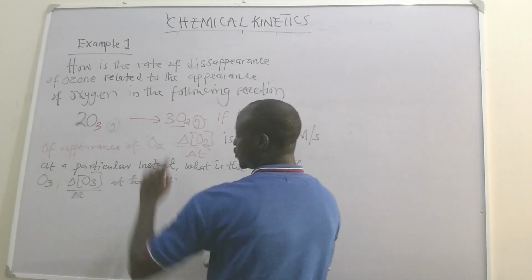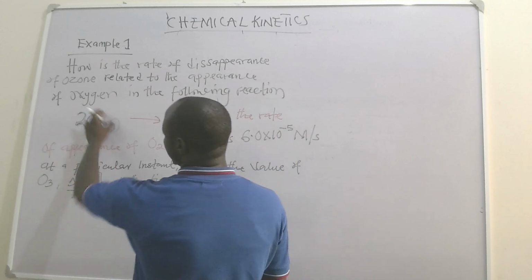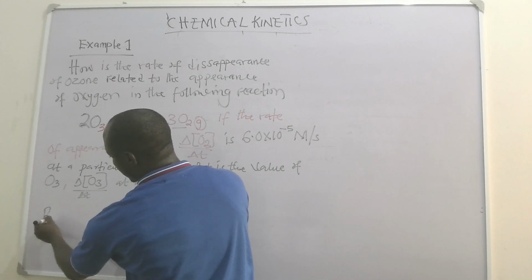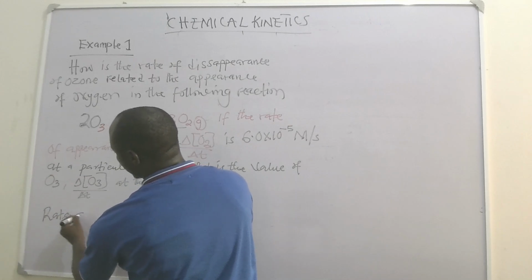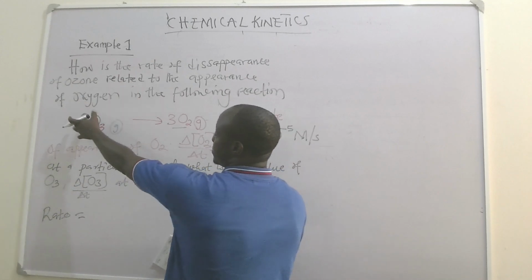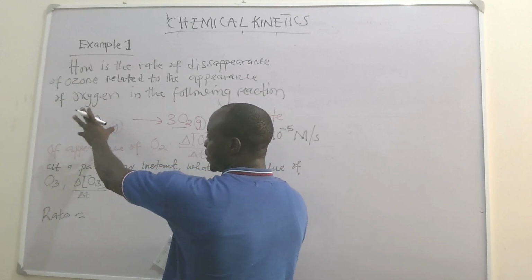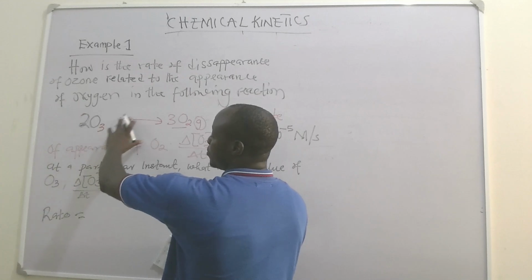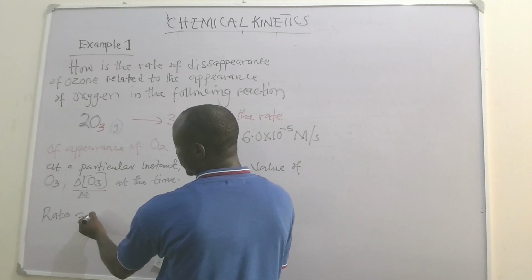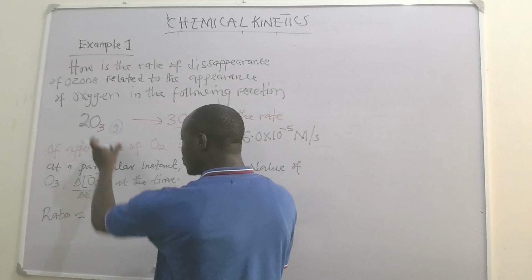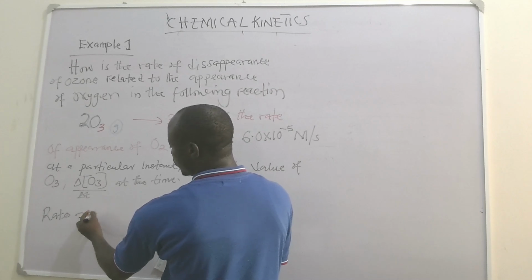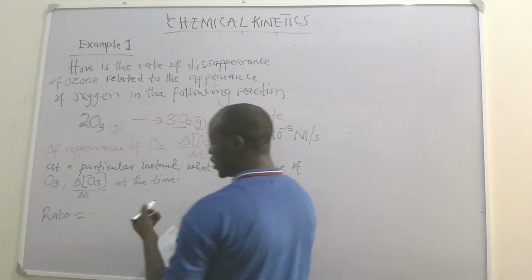Since ozone is the reactant, to measure the rate of disappearance we have minus.